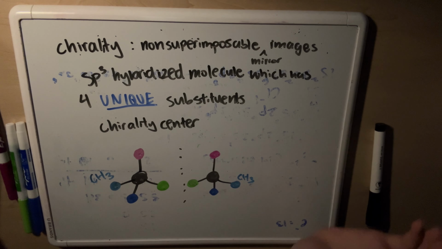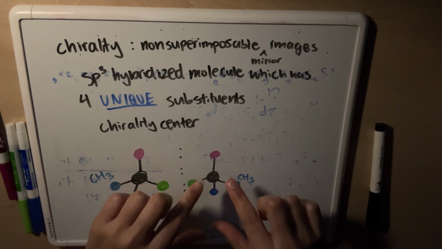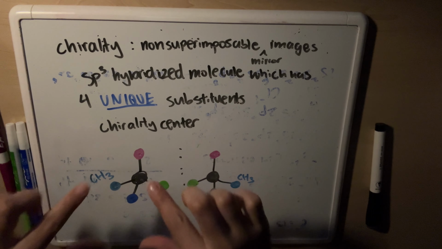Okay, so this would be its mirror image. I want you to imagine this because unfortunately I do not have my molecular model kit with me. It's back at school and it's winter break, so imagine you literally take this molecule and put it right on top.